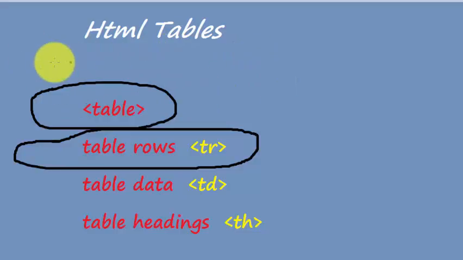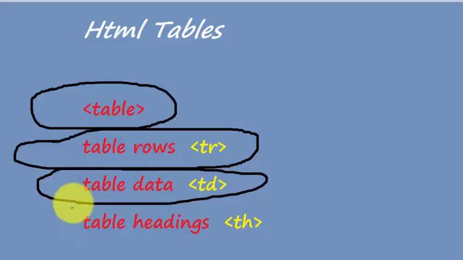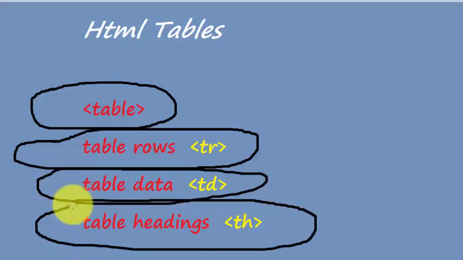For example, if we are writing one row, we have to use this tag, and one row has the data, for example, your name, your last name, your class. You will learn this when I show you the table. And this is TD, which stands for table data, and this is for table heading.